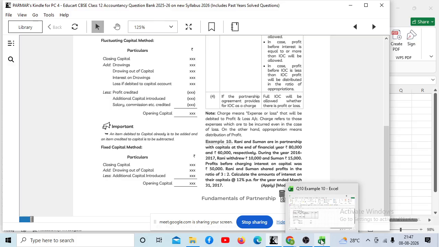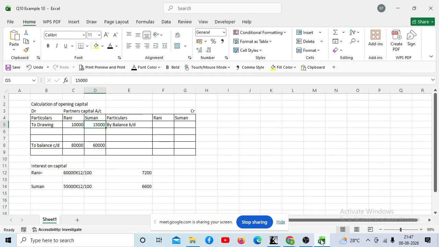Credit side. So on the credit side 50,000 is there. We will share it in the ratio 3:2. So I will write here, by profit and loss appropriation account (profit). It will be 30,000 and 20,000 if we divide it in the ratio. Now everything is over.